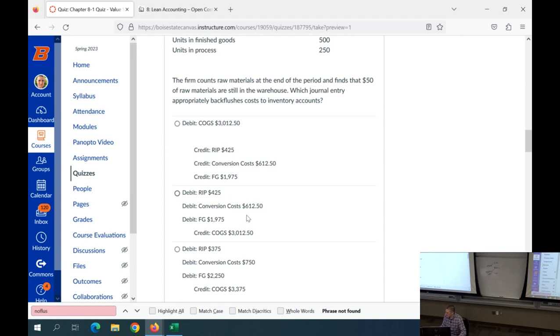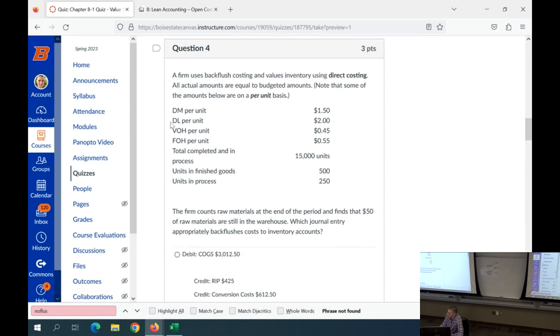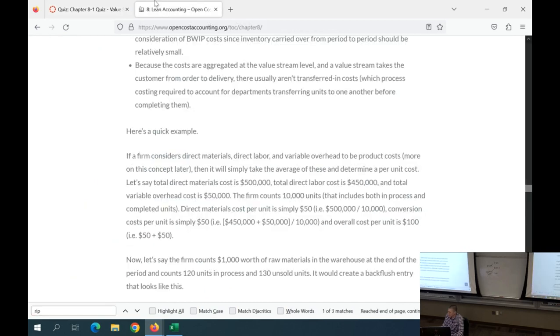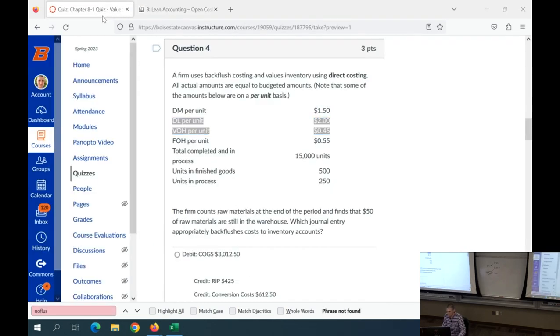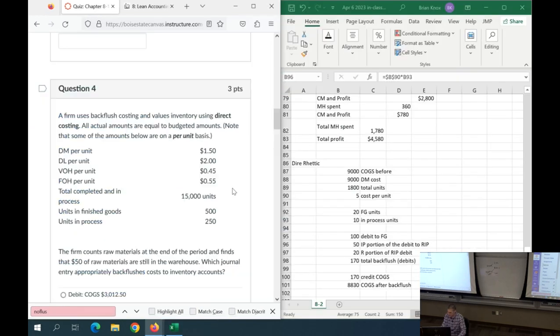Now, the amount being debited to conversion costs specifically, which is one of the objectives of this question, is either $612.50 or $750. Conversion costs are labor and overhead, and only variable overhead counts in direct costing. So $2.45 is our conversion cost per unit in this case.